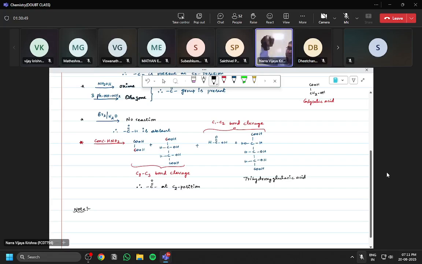If I store glucose in water, slowly that rotation changes to plus 52.5 degrees. Alpha form 111 degree, whereas beta form 19.2 degree. As they are interconvertible, some amount of beta form and some percentage of alpha form both put together gives a net optical rotation of 52.5 degree.